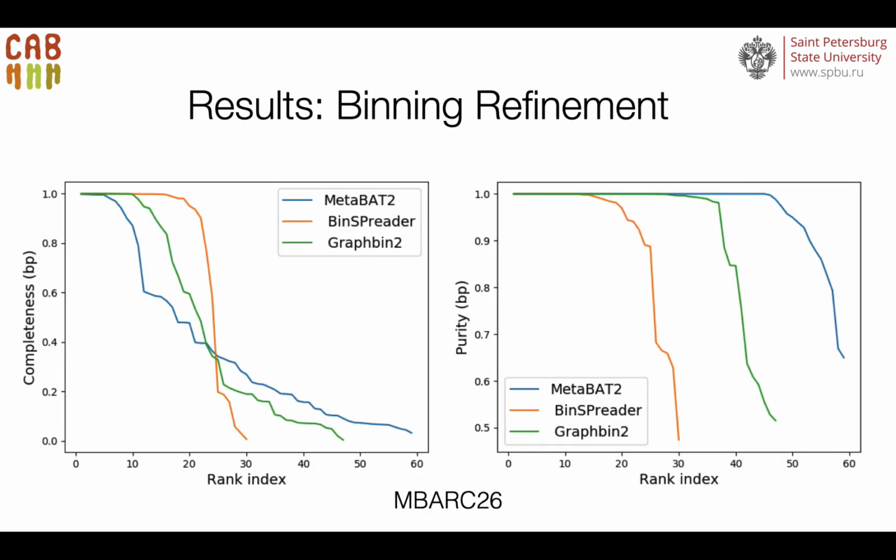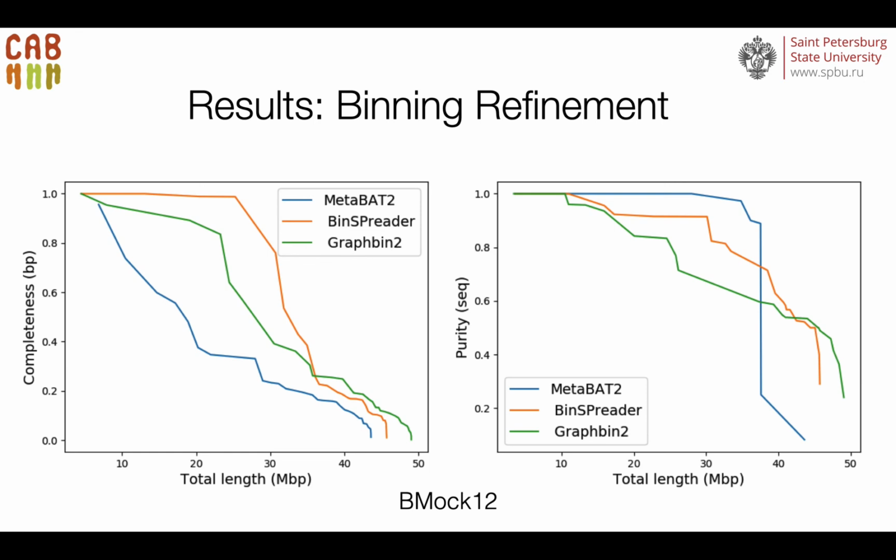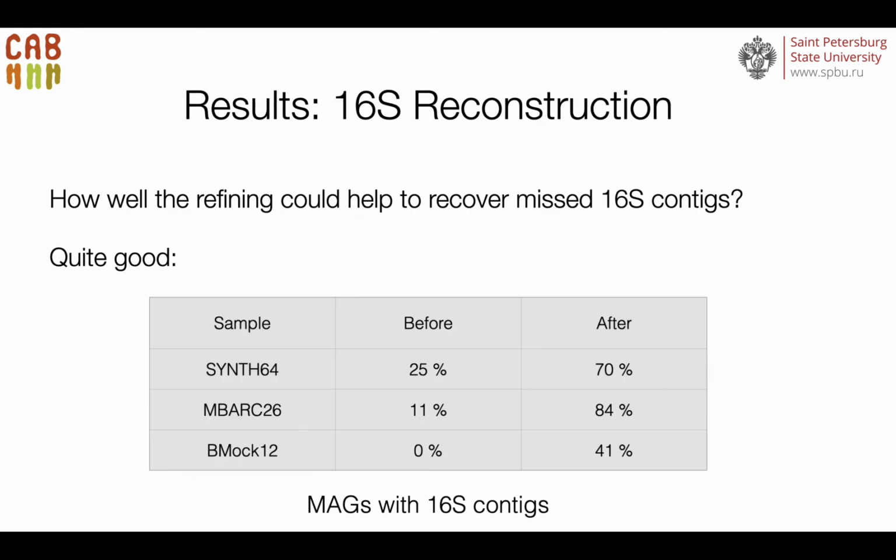If we look at the completeness and purity figures, they are also quite good here. So BinSPreader is able to derive fewer bins as compared to GraphBin2 and MetaBAT, but these bins are more complete and more pure. The situation is similar on BMock 12, so the results are quite consistent, I would say.